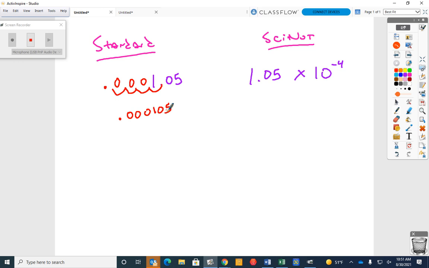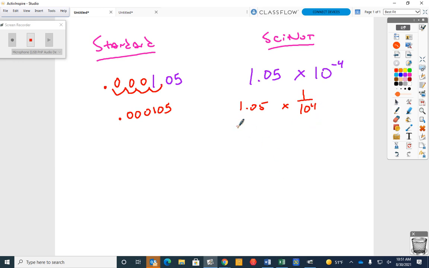And just to show you why this is what it is, you're not going to have to do it this way, but I want to show you why. This would mean 1.05, and you guys asked me you can never have a negative exponent, which is true. If I was to get rid of this negative exponent, what would I rewrite this as? 1 over what? 10 to the fourth.